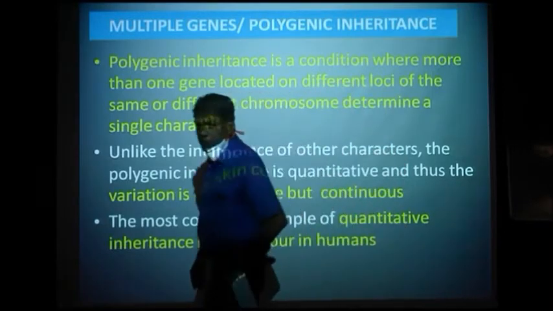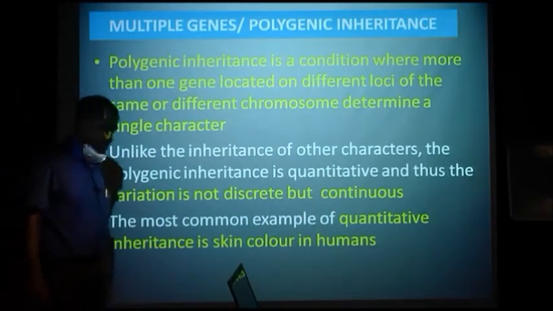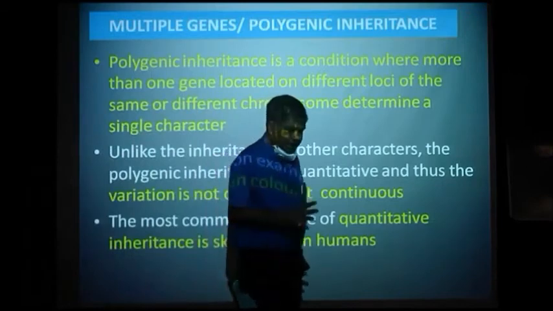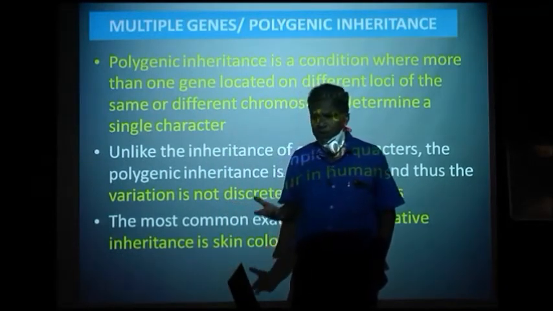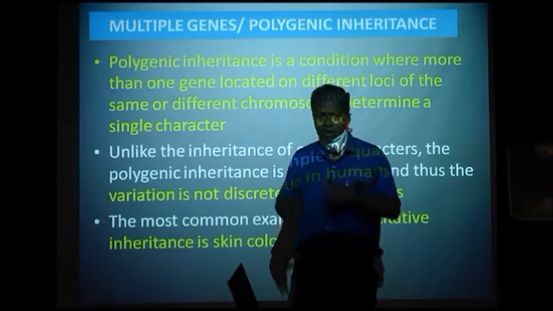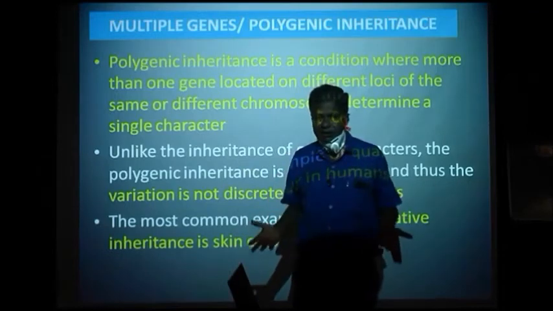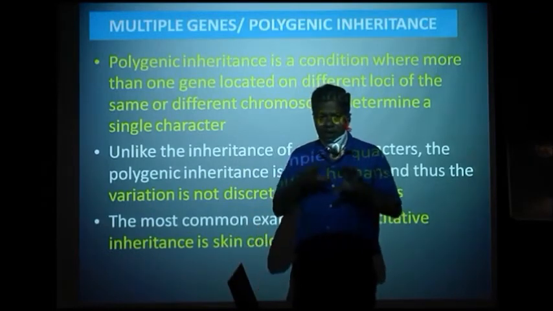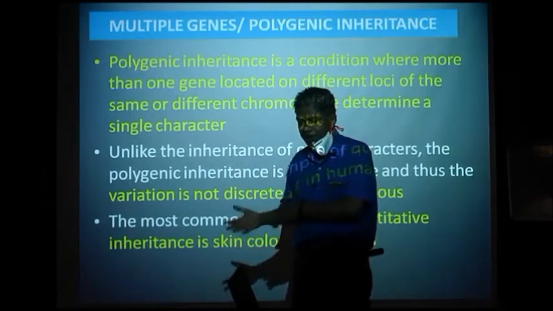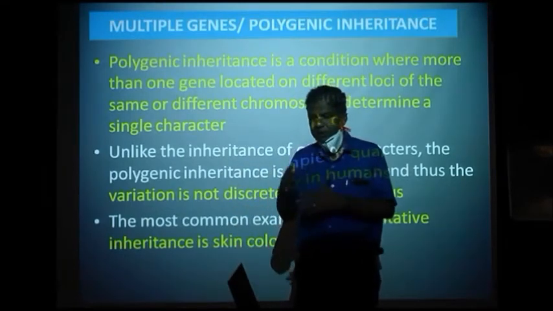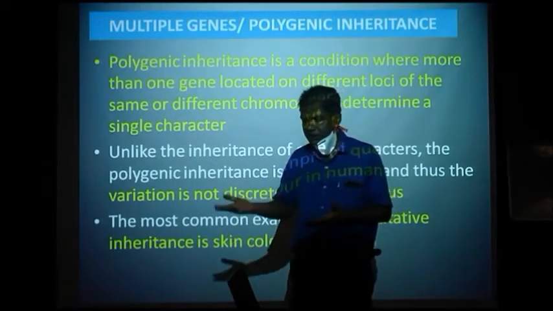Now, in polygenic inheritance there is a peculiar thing. In Mendel's monohybrid cross, we take the example of tall and dwarf, so many tall, so many dwarf. In Mendel's dihybrid cross, we count round yellow, wrinkled green, so many round yellow, so many wrinkled green, so many round green, so many wrinkled yellow.